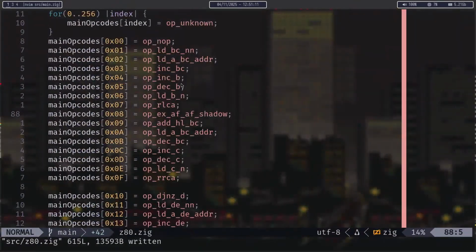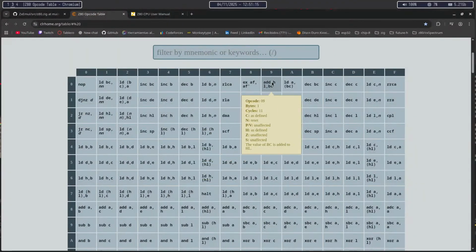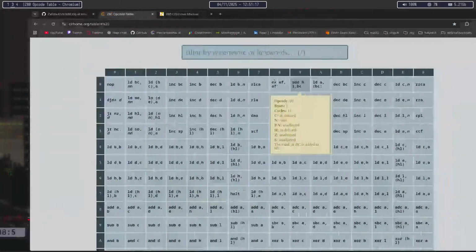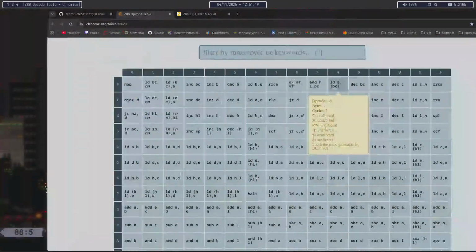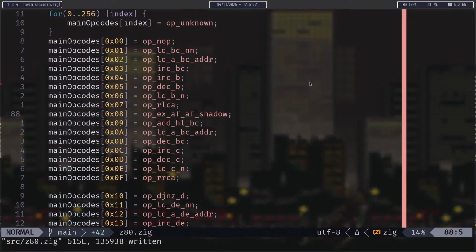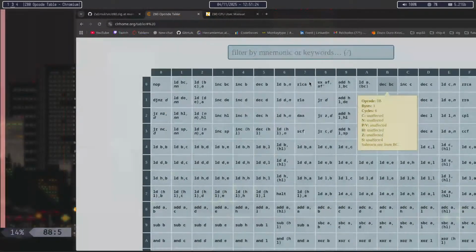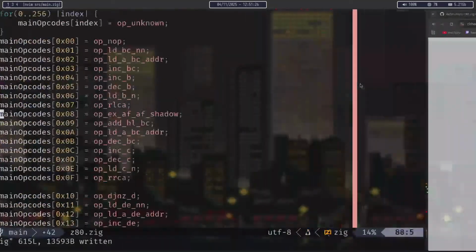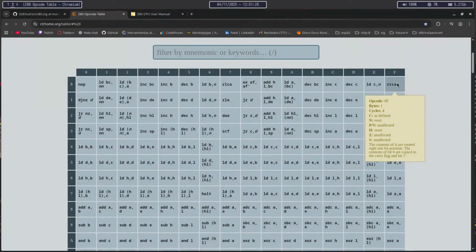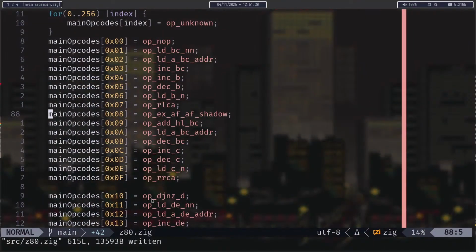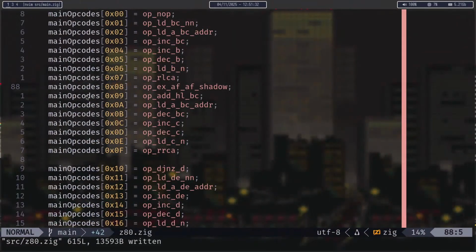Inc B. Dec B. LD B N. Rlca. Shadow. LD A BC address. Dec BC. Inc C. Dec C. LD C N or RRCA. Yeah, this is done here as well.